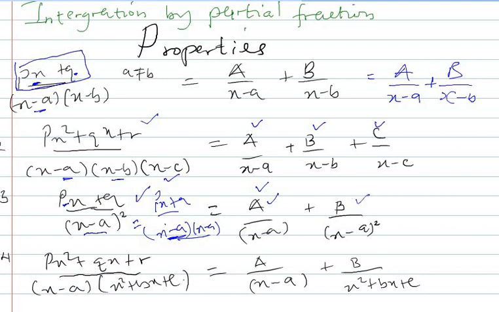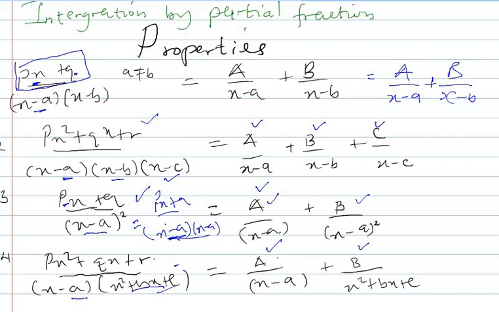And then for the next property, if you have a quadratic, px squared plus qx plus r, all over x minus a into another quadratic, you can say A over the first bracket plus B over the other bracket.